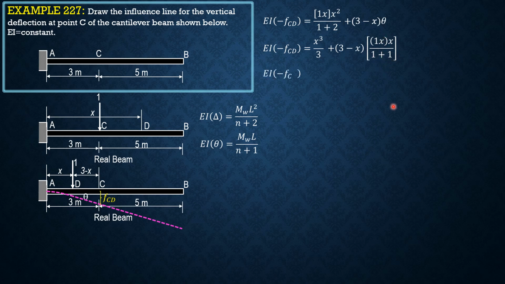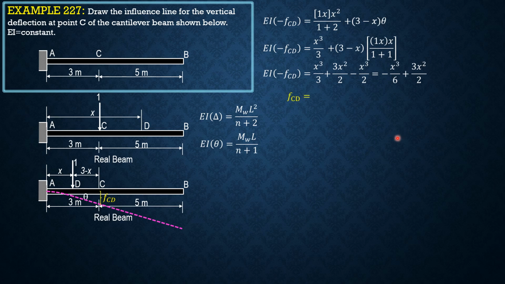Simplifying, EI negative FCD equals x cubed over 3 plus 3x squared over 2 minus x cubed over 2. Combining like terms, so we have negative x cubed over 6 plus 3x squared over 2. So take note, this is negative, so this becomes positive and this becomes negative.